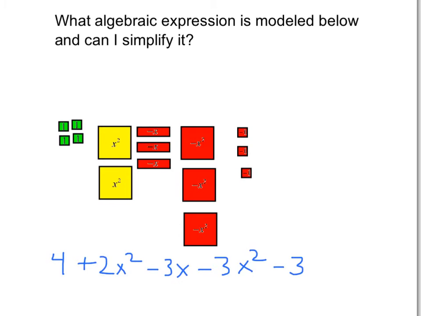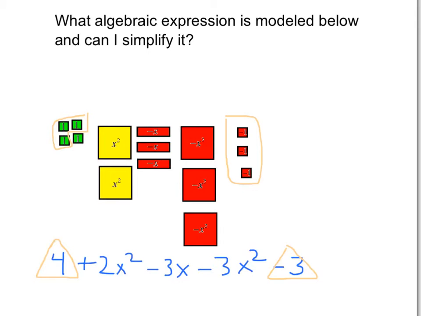Now then I'm going to identify my like terms. I'm going to put these 4 ones, or actually I can only use 3 of those, right? Because I have these 3 negative ones over here, and that can zero out 3 of these positive ones. And so that's dealing with this and dealing with this.